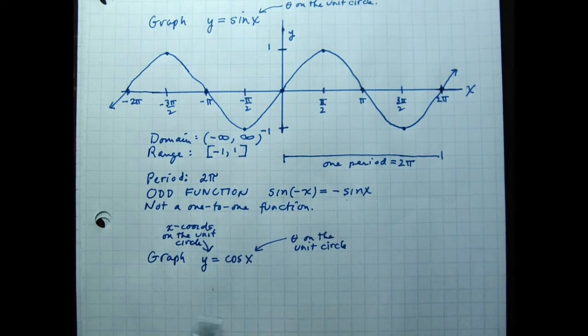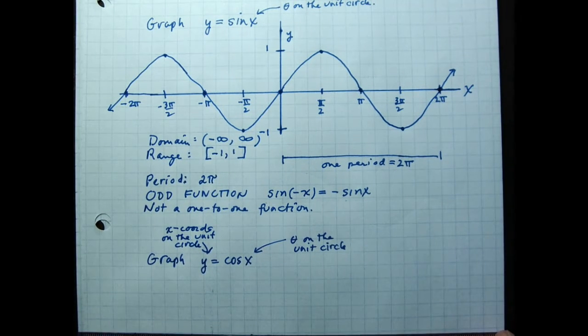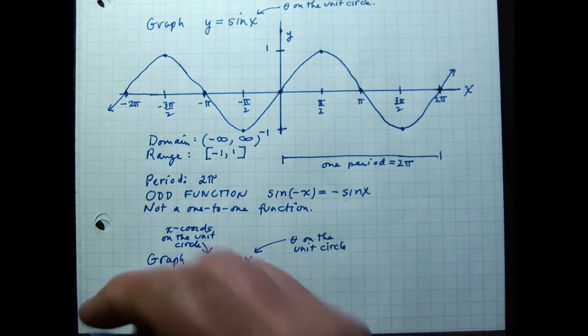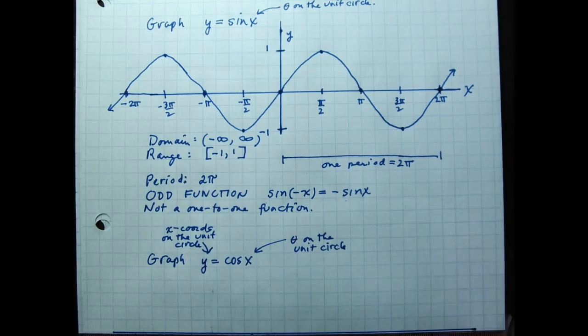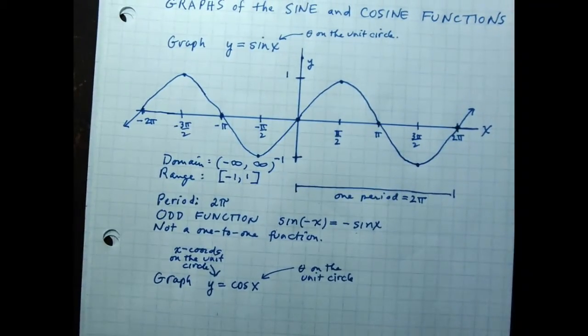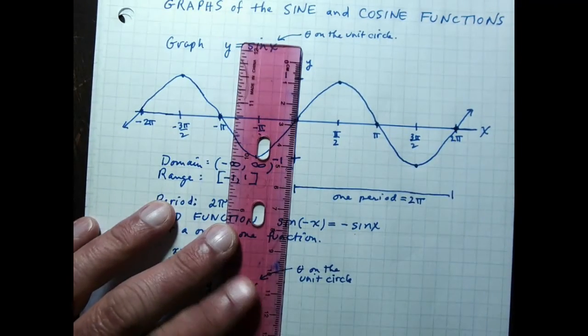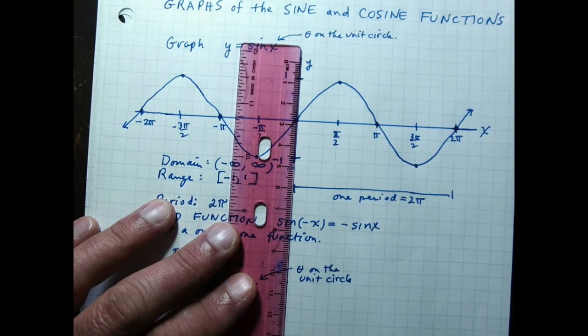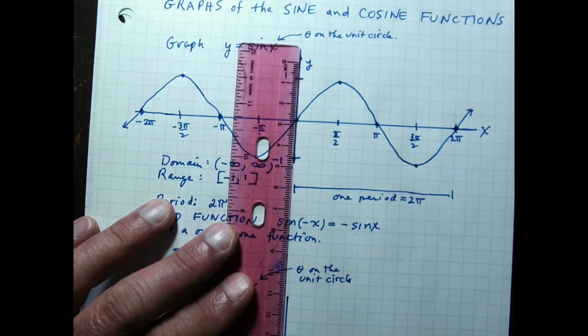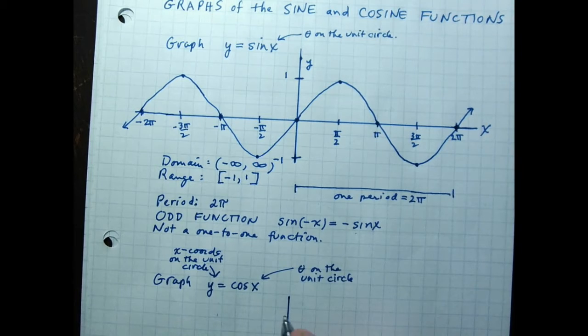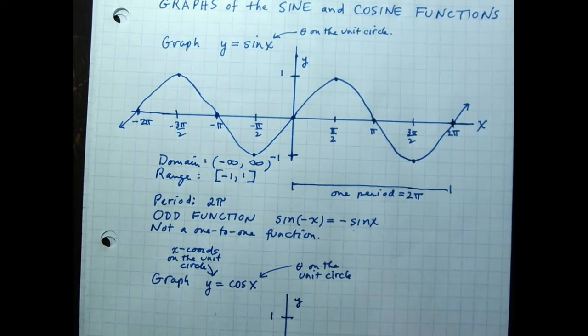And so let's go ahead and set up our axes again. I'll use the same scale as I did with the sine graph. Again, the sine and cosine graphs are very similar, but kind of different, right? So I need to label 1 and -1 on the y-axis.